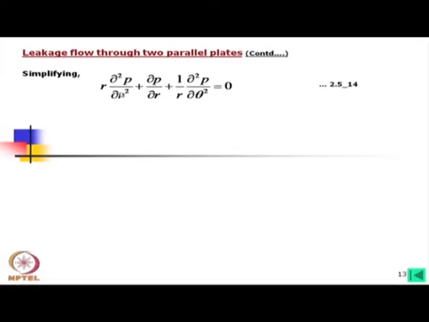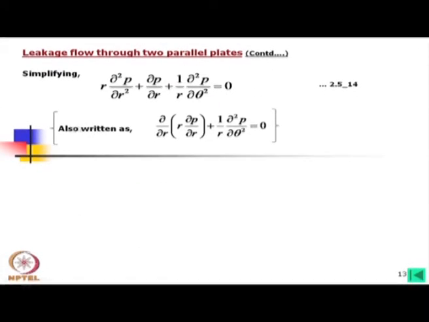So, this means that r del square p by del r square plus del p by del r plus 1 by r del square p by del theta square is equal to 0, which can also be written as del by del r of r dp by dr plus 1 by r del square p by del theta square is equal to 0.